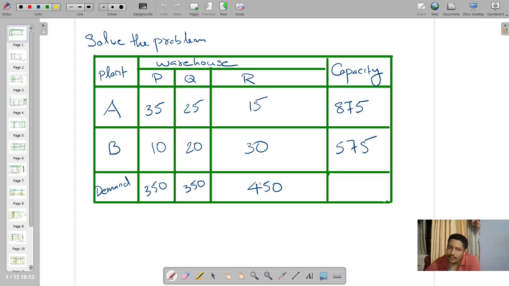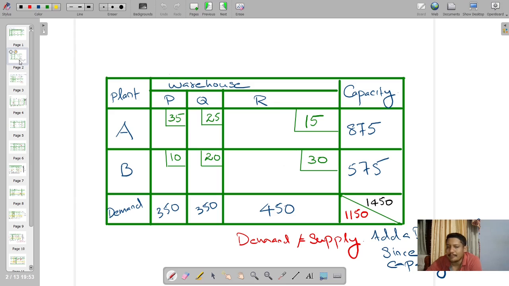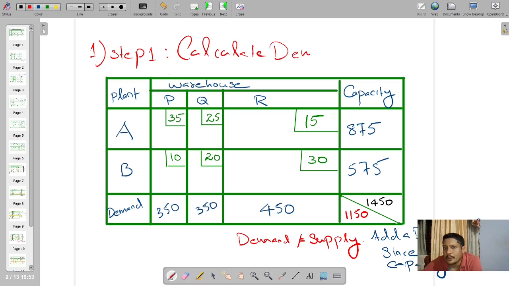As we know, these are the cost elements. The first step is to check whether demand equals supply. So step 1, calculate demand equals supply.